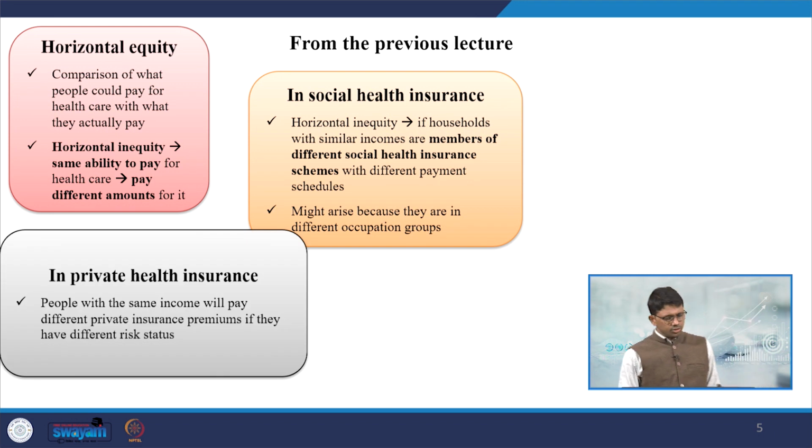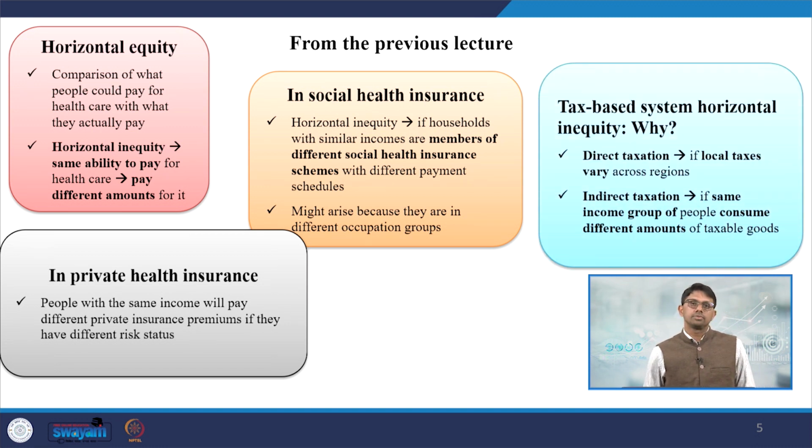In private health insurance schemes, people with the same income will pay different private insurance premiums if they have different risk status. Understanding the tax based system and its connection with horizontal inequity, we said that direct taxation, especially when local taxes vary across regions, is considered to be to some extent progressive.